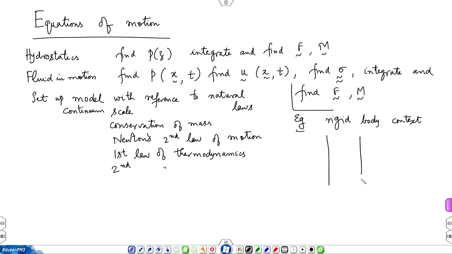So, let us say this is a long column of liquid, could probably contain oil, let us say, long column of oil, in which you introduce a small spherical particle, which starts to move.